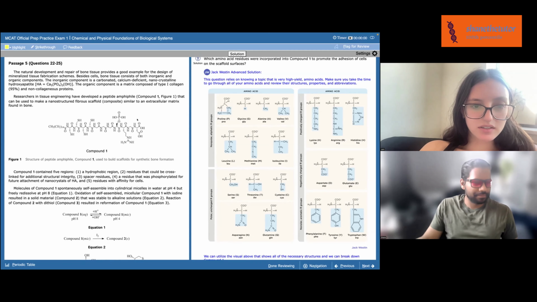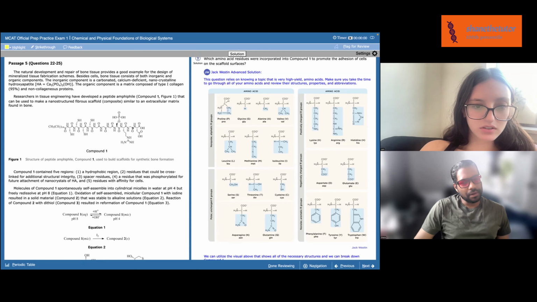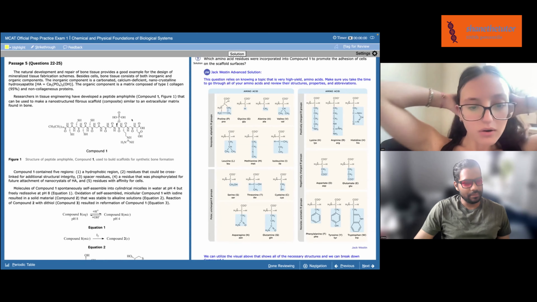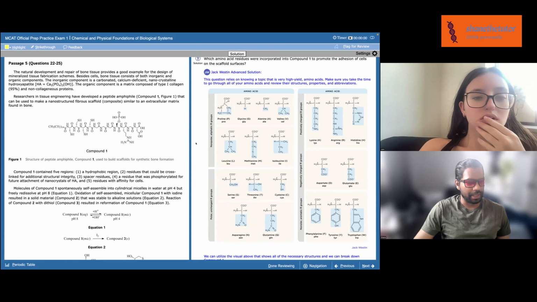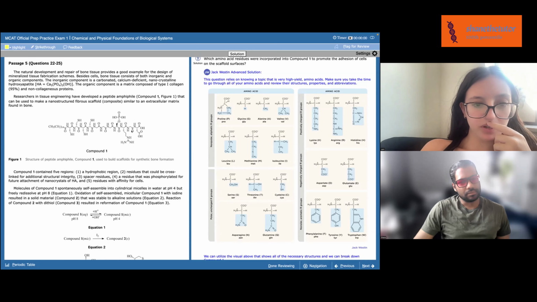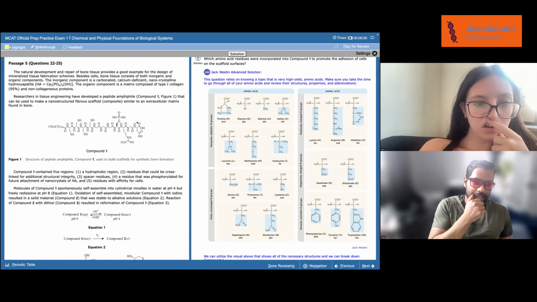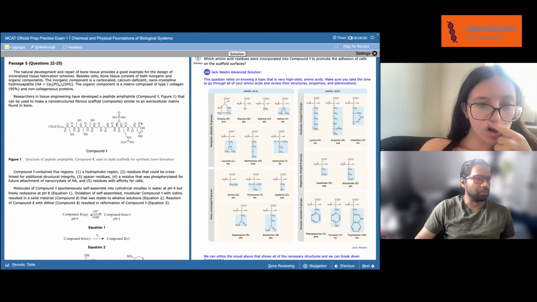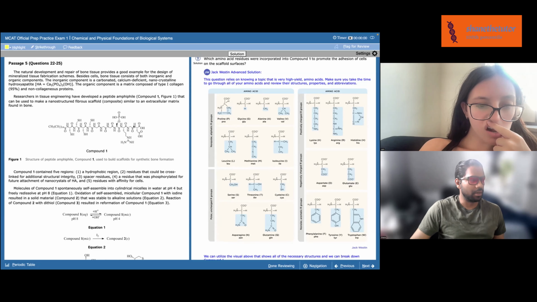Is it this? NHCOOH. So you said there were amides, right? Oh, that's not an amide. Wait, but there is an amide right here. So this is an amide and this is a carboxylic acid. So the amide bonds are peptide bonds. Show me where else they are.